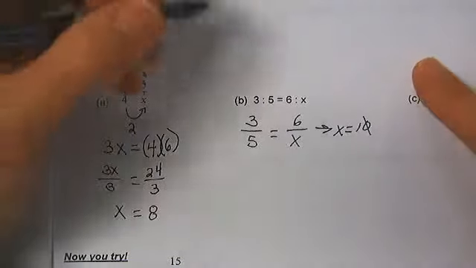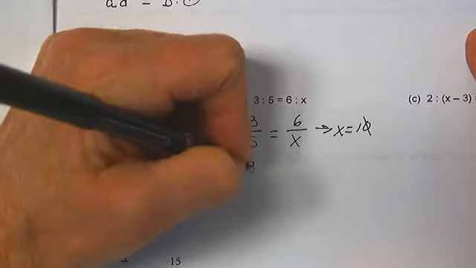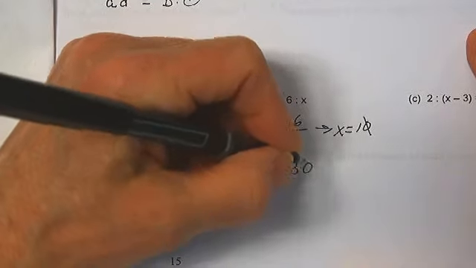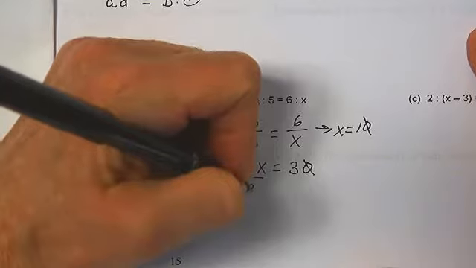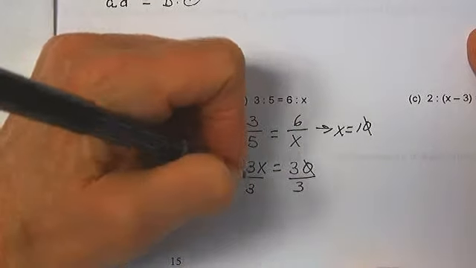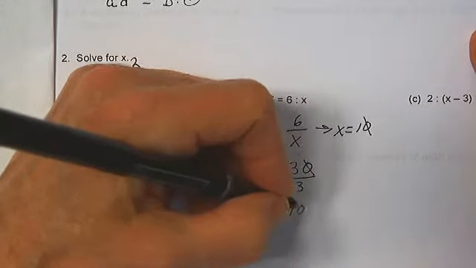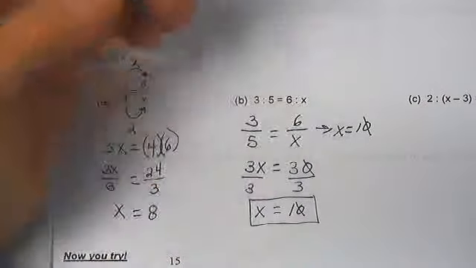Perhaps we like cross multiplication. That would give us 3 times x is 3x. 5 times 6 would be 30. Divide both sides of the equation by 3. 3 divided by 3 is 1. X equals 10. And that's what we got here.